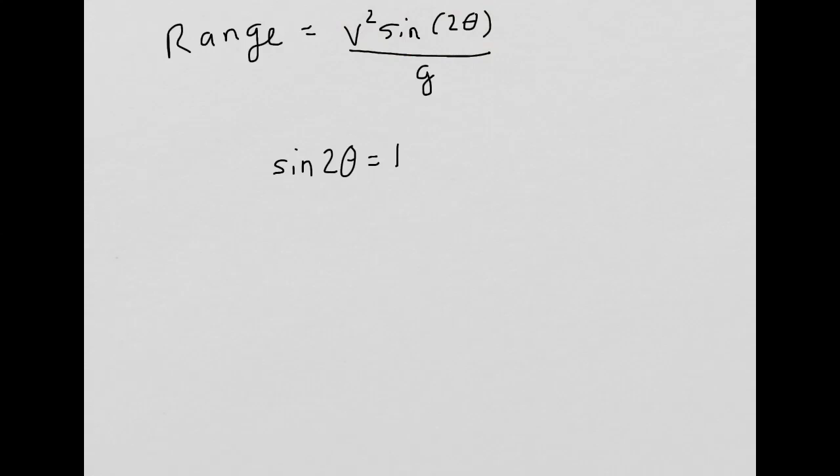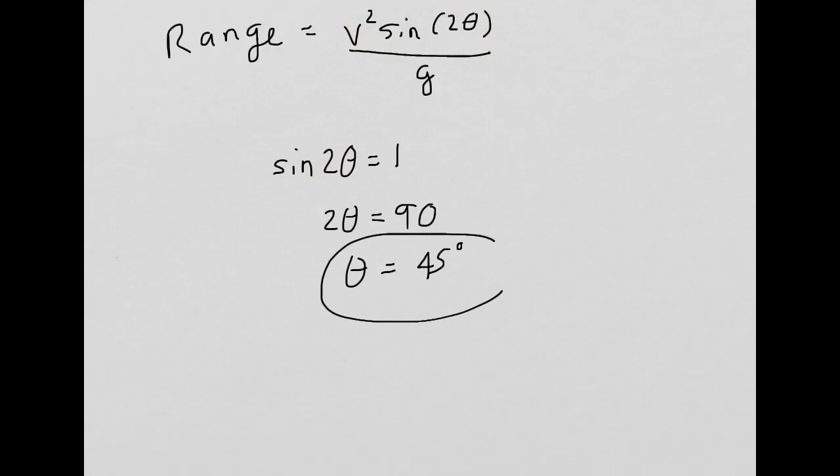Well, you might know from math class that sine of theta equals 1 when theta is 90 degrees. So I'm going to say that 2 theta must equal 90. And solving for the angle, I get theta equals 45. So my largest range is when I project something at an angle of 45 degrees.